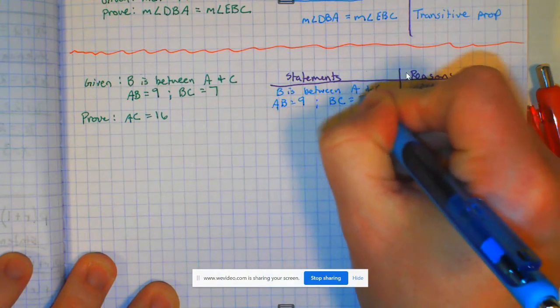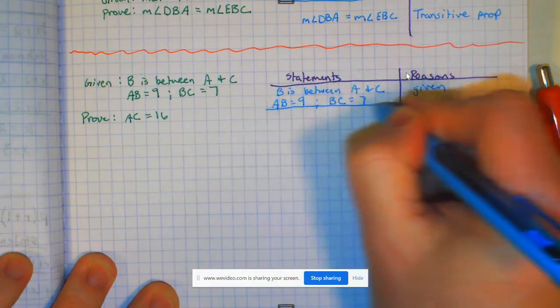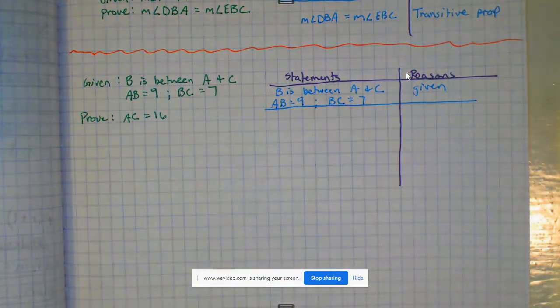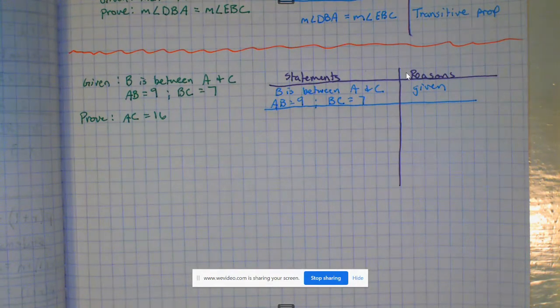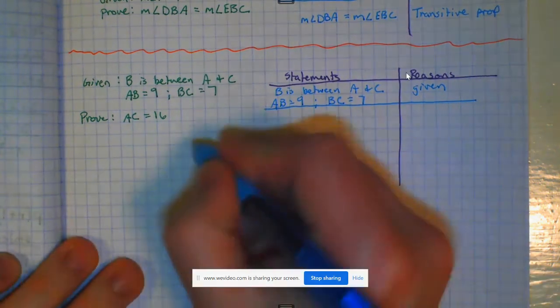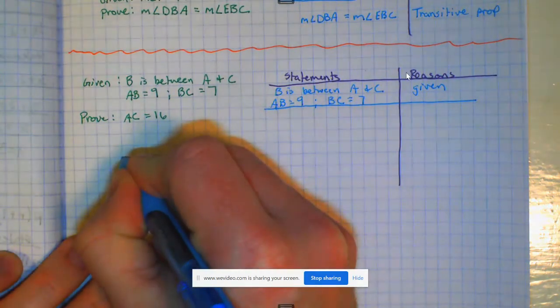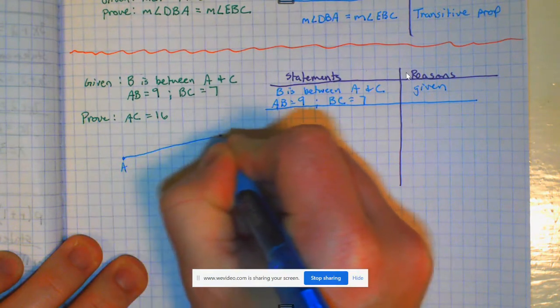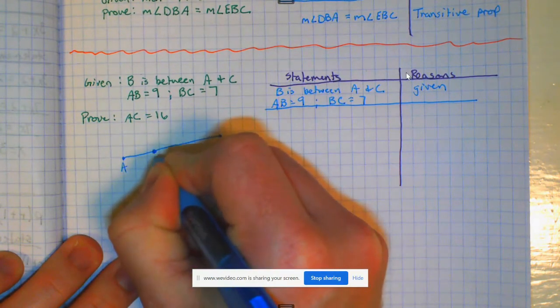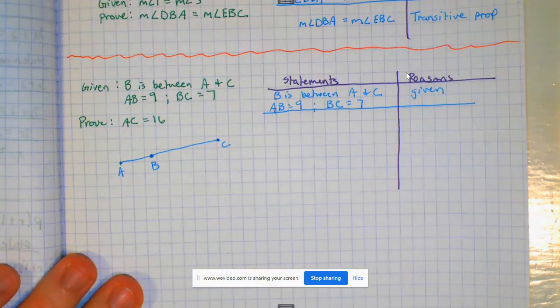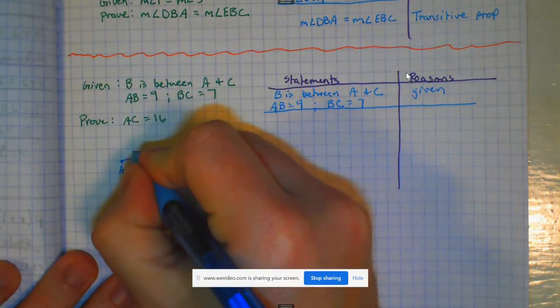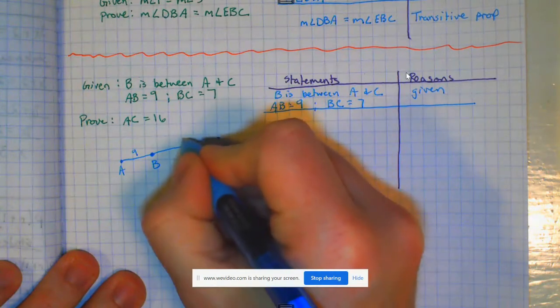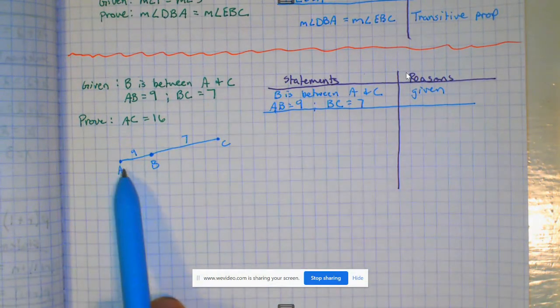BC is 7. Now going along with that, I can start creating a diagram. I know that B is between A and C, so here's A, here's C, and B is between them. I know that AB is 9 and BC is 7, and I'm trying to prove that AC is 16.